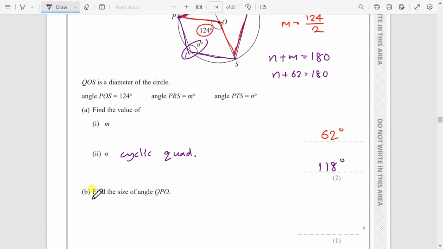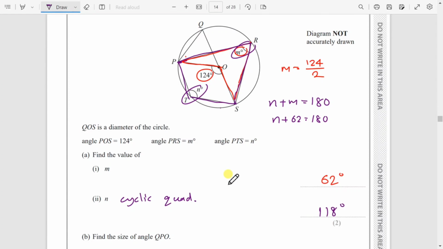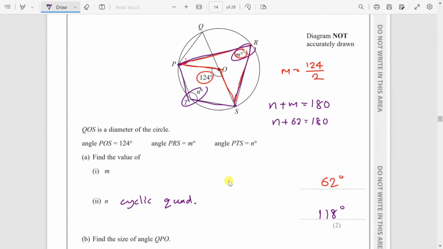Now, next one. Find the size of angle QPO. Where's QPO? Okay, alright, let's just clean this up a bit. So QPO, they're talking about this triangle here. Let's call that X. So they want this triangle.